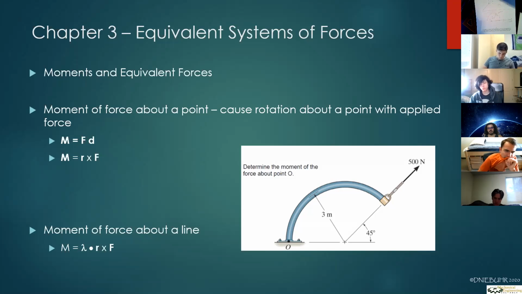For the sake of time I'm not going to write it out, but it would essentially be the 500 newtons sine 45, times 3 meters plus this distance you have to find, which would just be 3 cosine 45. And this height here would just be 3 sine 45.